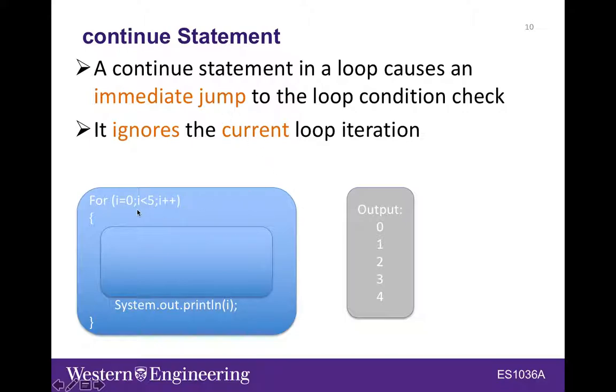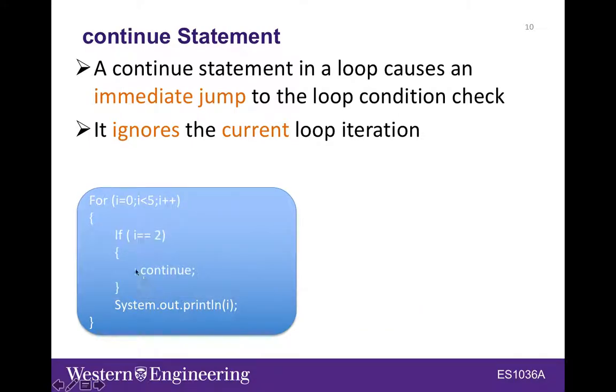So if I have a loop like this, starting from 0 up to 5, the value of i starts from 0 and proceeds up to reaching 4. If I just print it out, as usual, it prints 0, 1, 2, 3, 4. If I add here: if i equals 2, continue, I'm saying skip whatever comes after continue and not restart the loop from 0, but continue the loop.